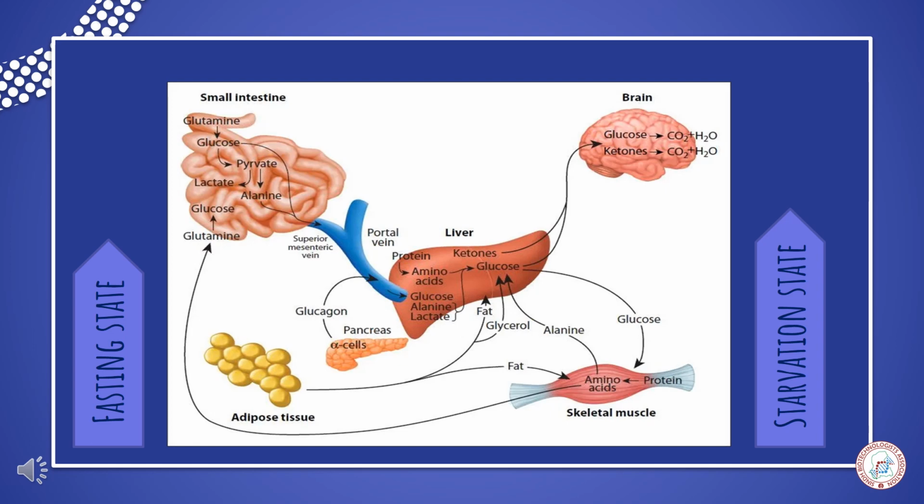And lipolysis will happen, the TGs will be degraded into fatty acid and glycerol. That glycerol molecule will also be used as a source, converted into glucose. And in the skeletal muscles, the protein will be degraded, and these amino acids will also be used for gluconeogenesis.